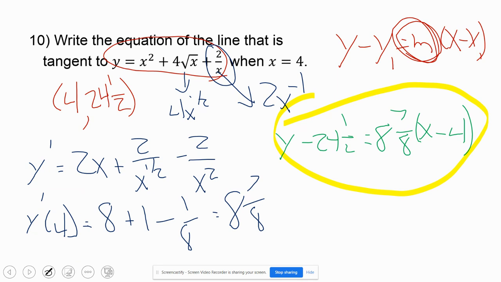This is getting ugly. Okay, and we are done, right? Those are all problems that you should feel pretty confident with at this point.